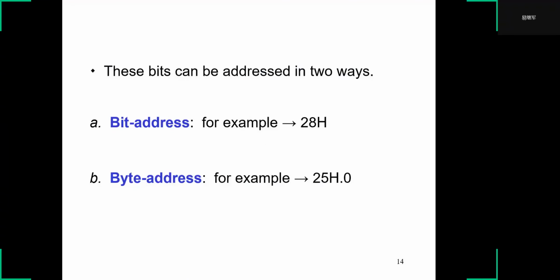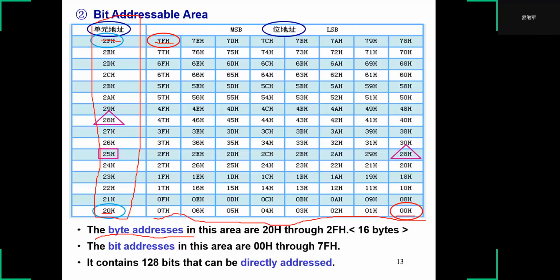These bits can be addressed in two ways: by bit address or by byte address. The byte address points to the bits. Here is the bit address 28, and the bit address for 25H.0.